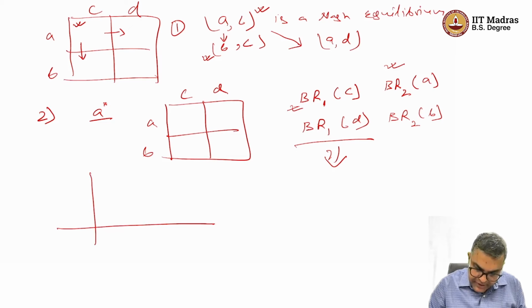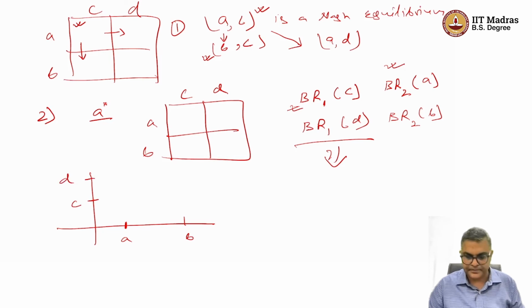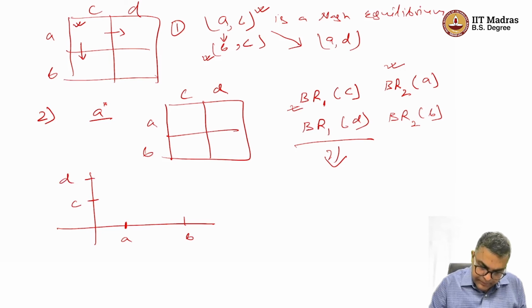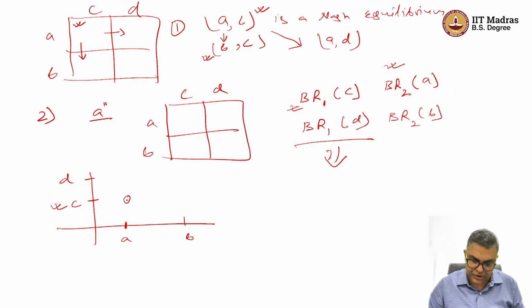Here, let us say this is A, this is B, this is C, and this is D. Then we can mark, given player 2 is playing C, where is the best response from player 1.